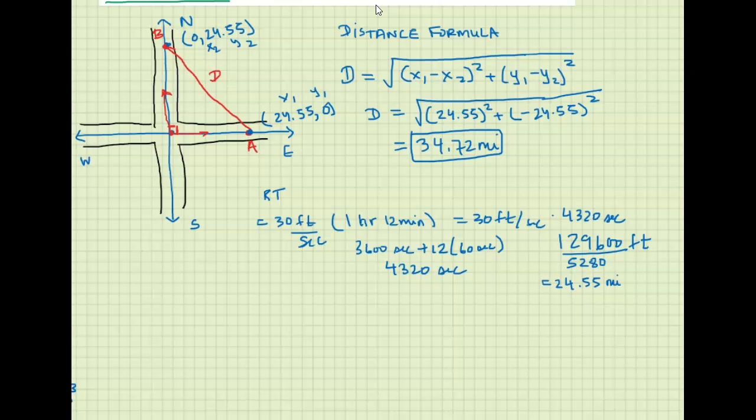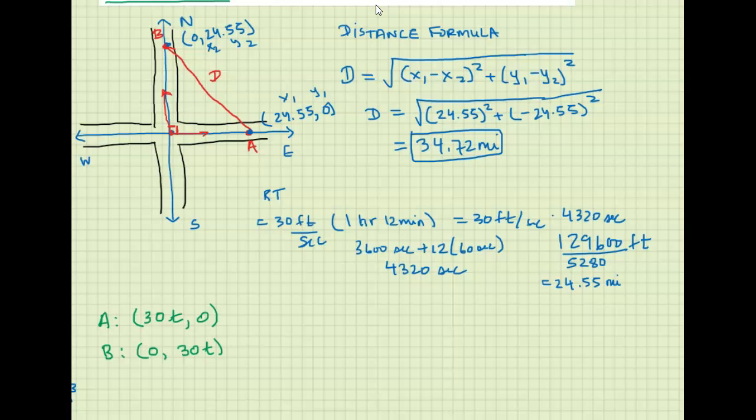So I know for car A, it is moving at 30 feet per second. For each second it moves, you add another 30 feet. So for car A, the x-coordinate is going to be 30t and the y-coordinate is going to be 0. Car B is going to be on the y-axis, so 0, 30t.